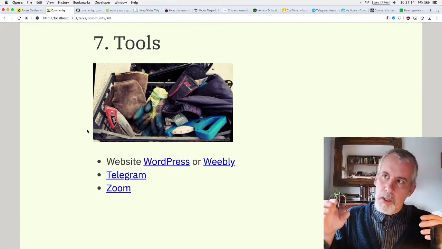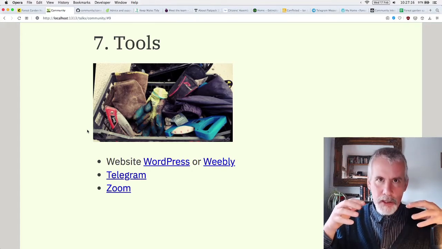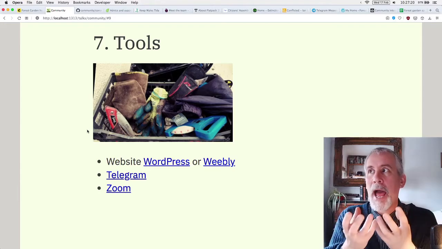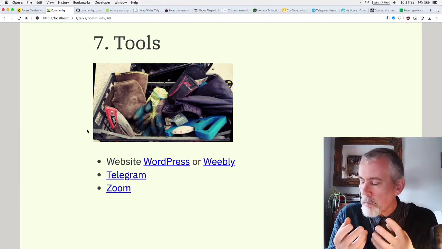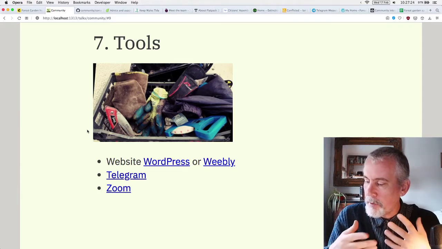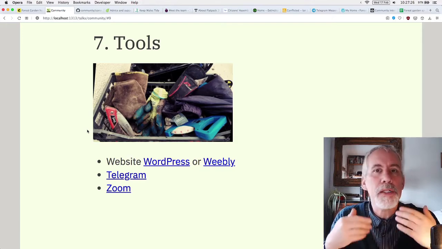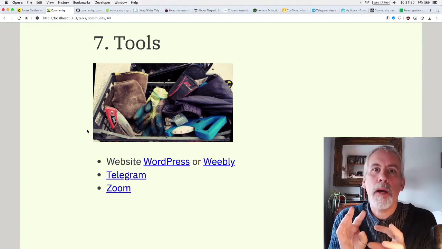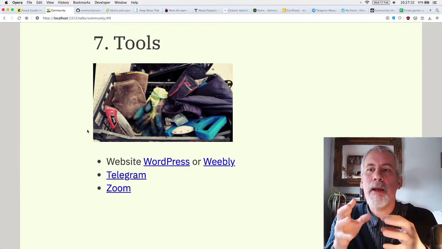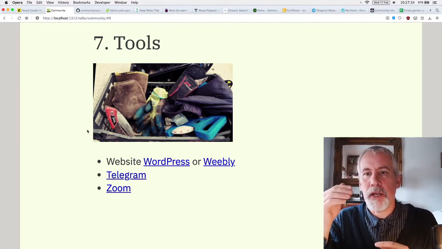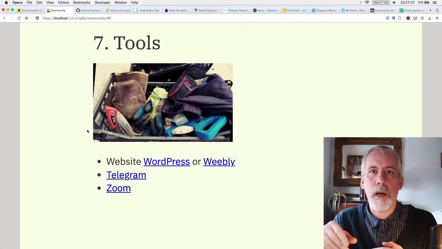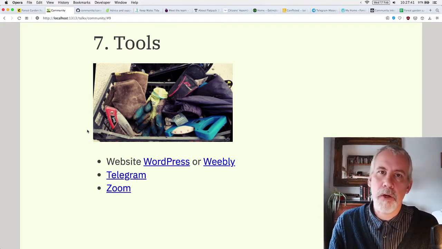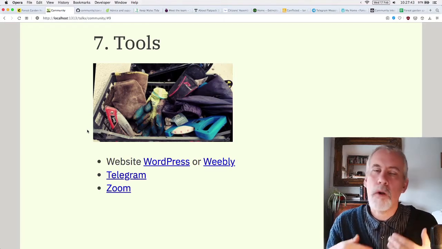And I think it would work pretty well because it's instantaneous. It's open to everybody who lives there, and it's quite informal and easily accessible. One of the issues with setting up a website is that you have to log in, you have to write a post, and you have to make sure that people have read it. Whereas with a Telegram group, it's a lot easier and more accessible for people.